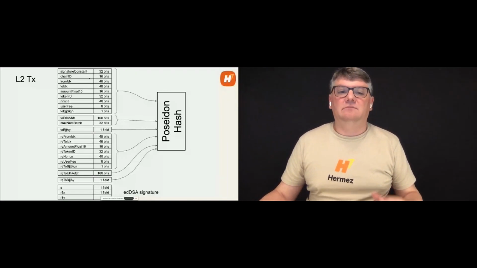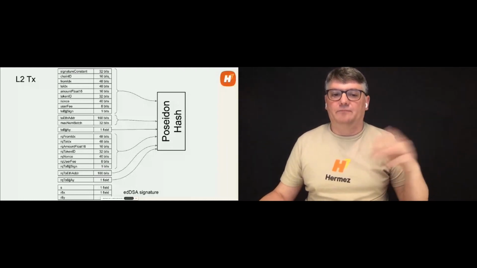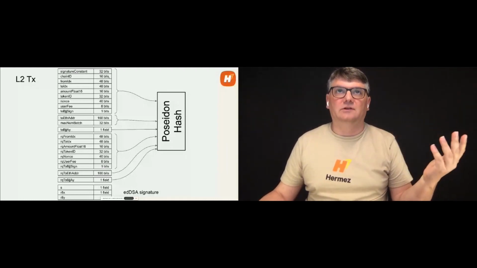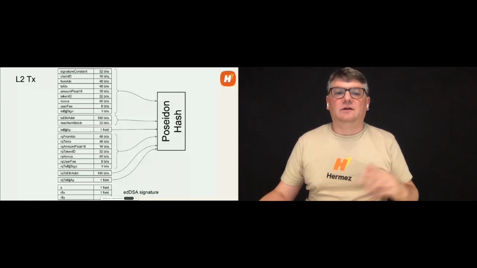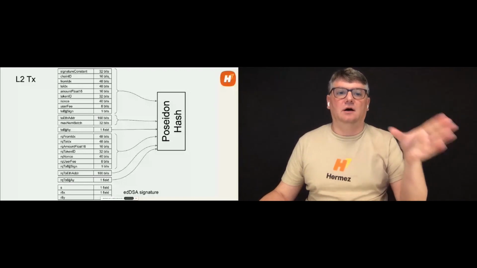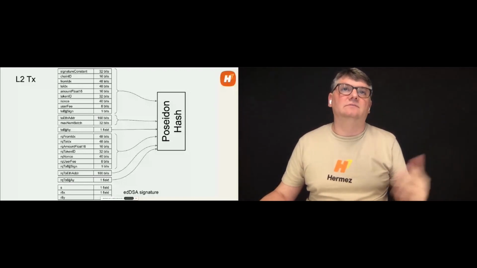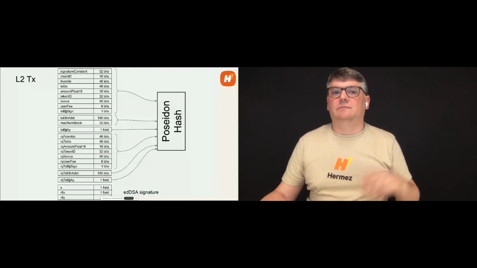There is a chain ID because Ethereum can hard fork, so we are just putting the chain ID here. The from index: who is sending? The leaf that's sending the funds. The to index. Okay, and the amount. Here you see that the amount is 16 bits.